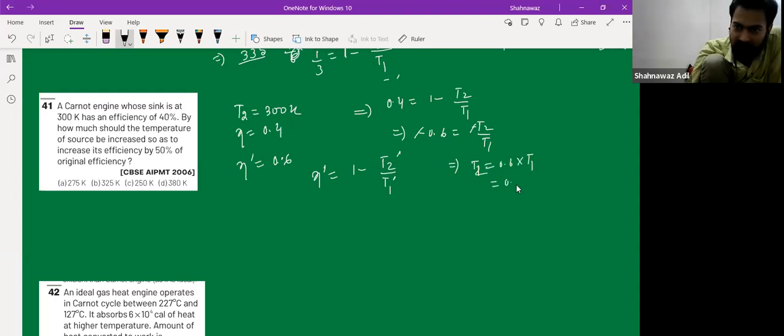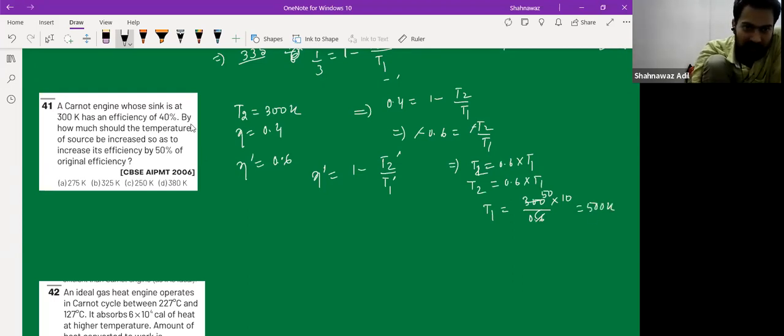So 0.6 and what was given? T2 was given. Okay, so T2 into T1. So T1 is 300 divided by 0.6. So this is how much? So 50. So 500 Kelvin.